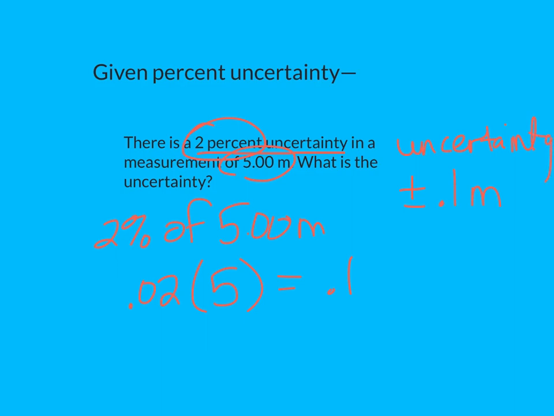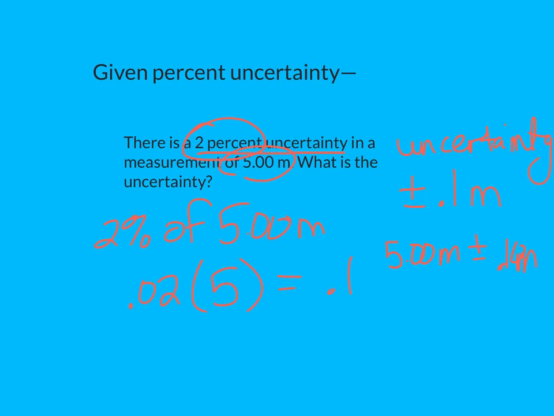And so we would express our measurement as 5.00 meters plus or minus 0.10 meters, because I told you your decimal places needed to match.